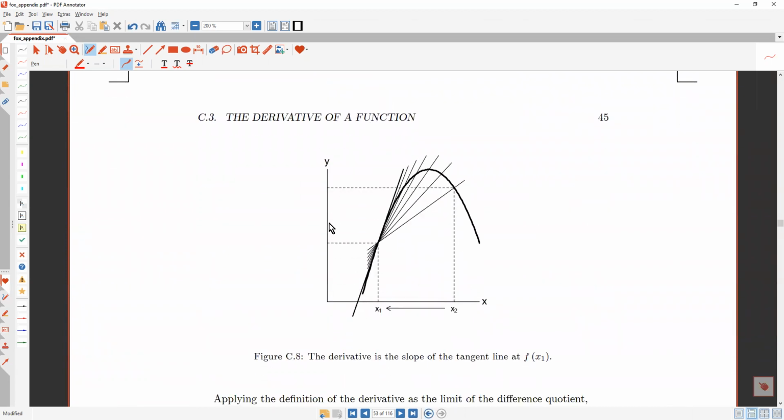So what the author has done here is just move all of those slopes over until they're all just stemming off this particular point. So as x2 goes to x1, what is the slope of the line? Notice that the change in x goes to 0.